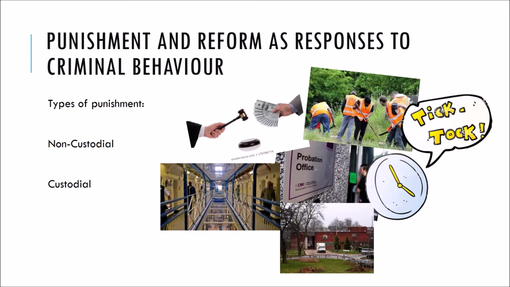This might be if you are somebody who's committed a crime because you have a mental health issue, perhaps schizophrenia, and therefore a prison isn't a suitable environment. So if you go to a special secure hospital, you'd be more able to receive treatment alongside, obviously, not being in the community.